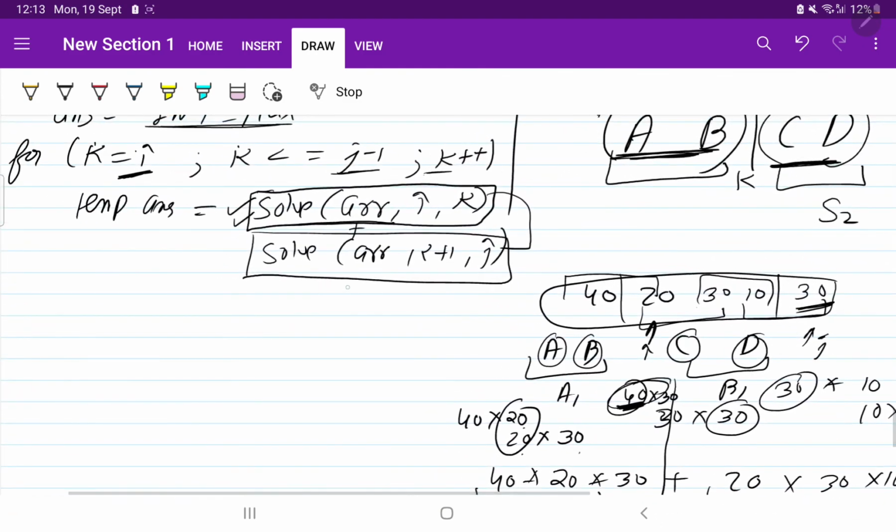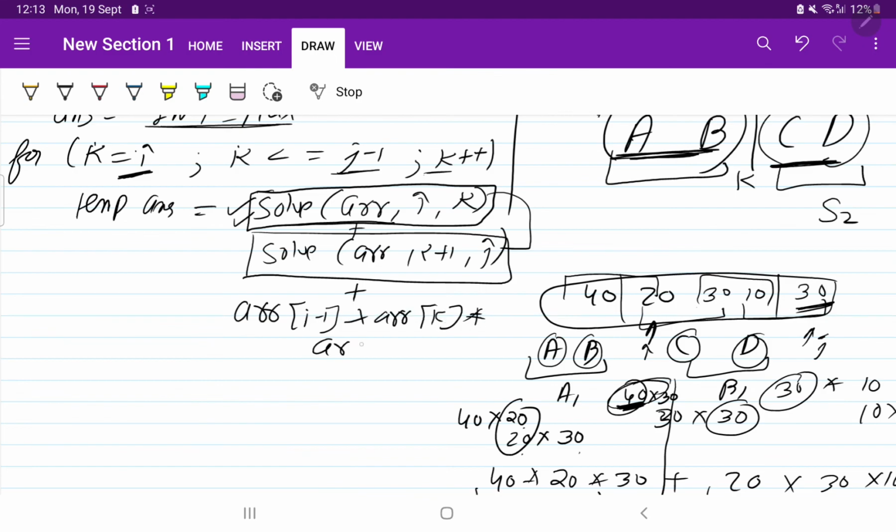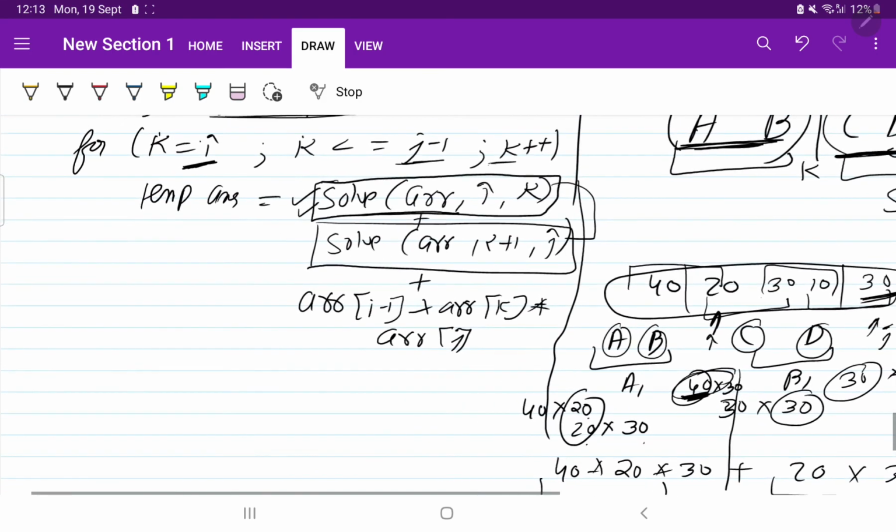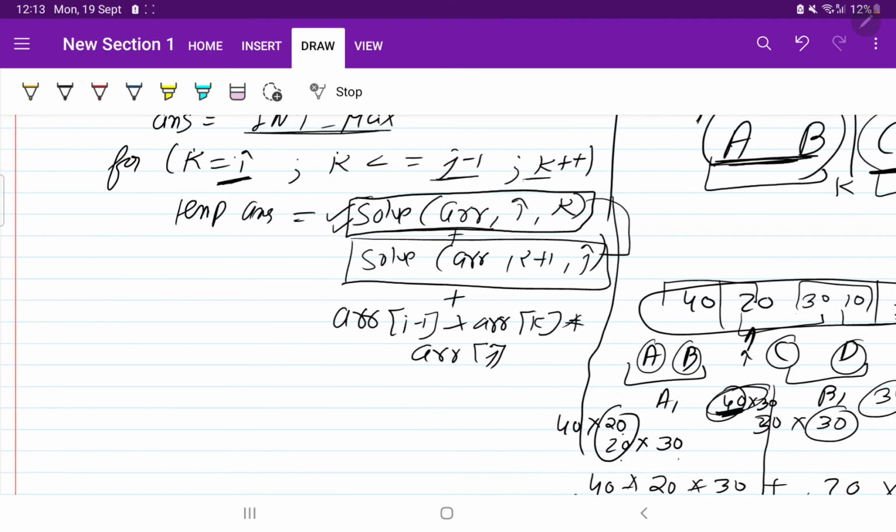Perfect. So this is the cost that is going to be added here, that is array of I minus 1 multiply by array of K multiply by array of J. Okay, this is going to be the temporary answer. Now we need to compare this temporary answer with the final answer. Perfect. So how we are going to do this?